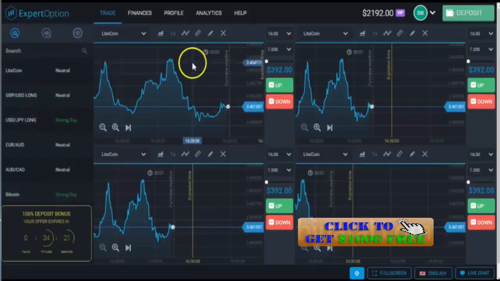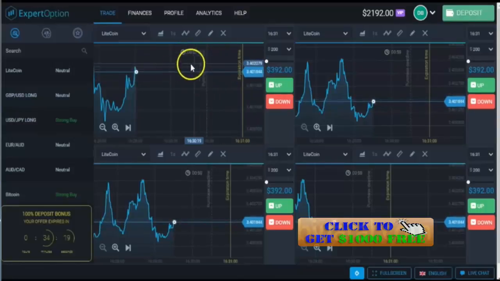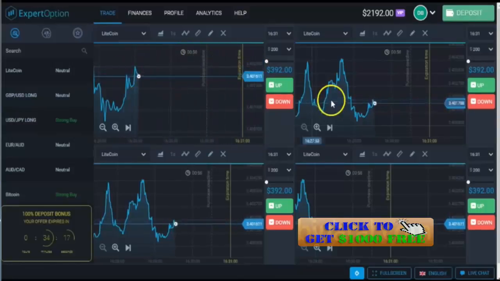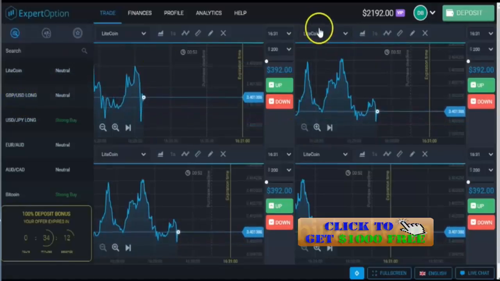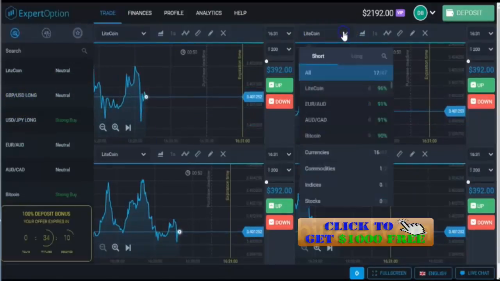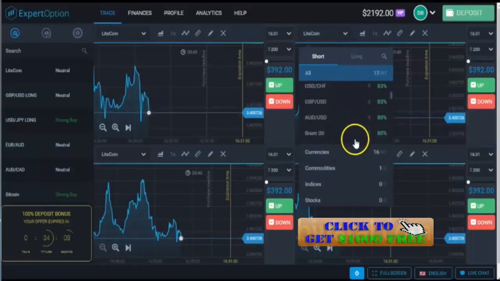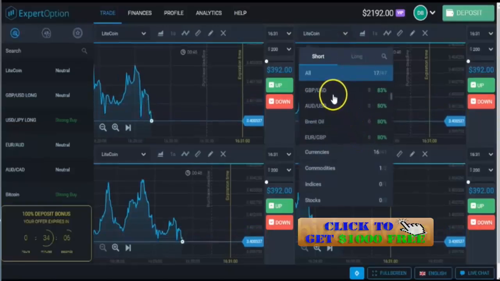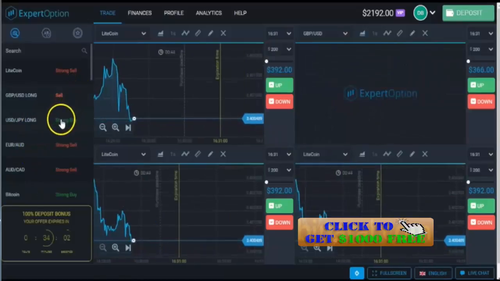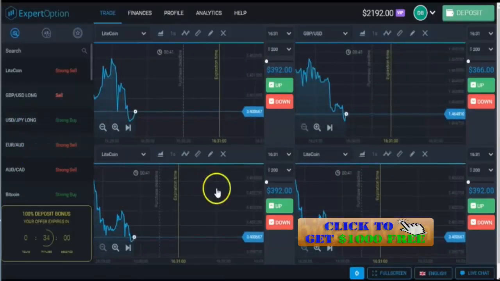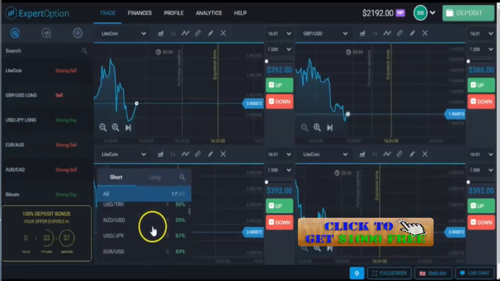Litecoin, I think yes, Litecoin is okay because it has the biggest payout, 92% here. The next one is British pound versus United States dollar, here it is. The next one, Japanese yen.